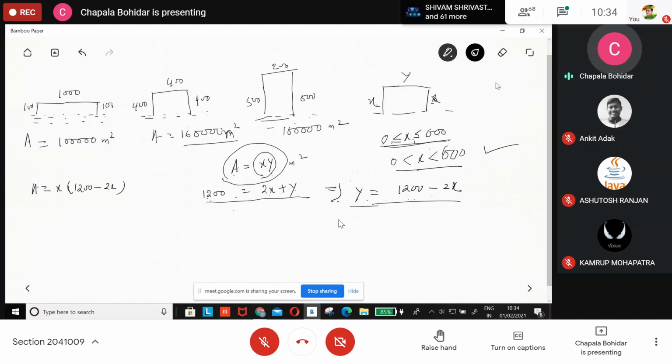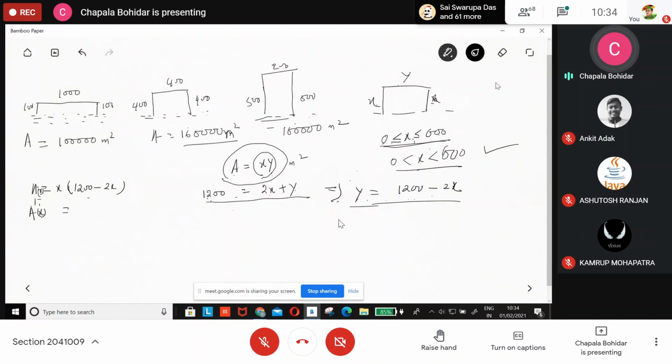Now, to find the maximum and minimum value, what we are doing? We have to find the critical point, value of x, by using A dash. Here we get A of x is equal to this value. So A dash x, area is a function of x, or not? Yes, ma'am. Okay. So now I find A dash x.